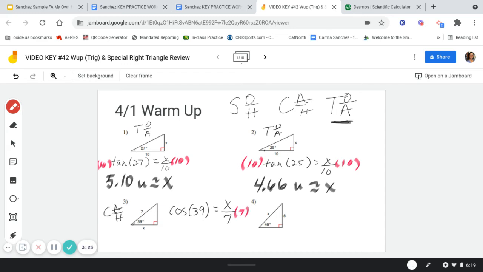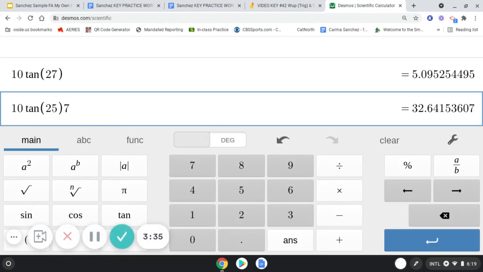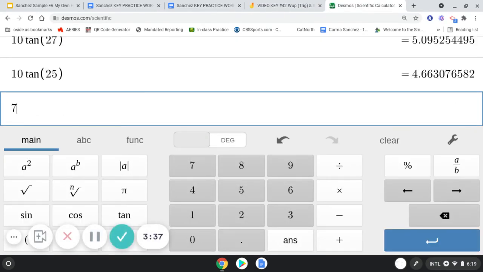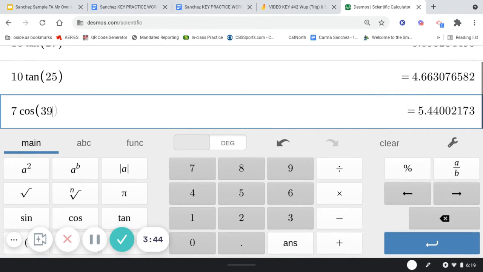Multiplying both sides by that denominator of 7 in order to solve, we're going to get that x is approximately, and we're going to type in 7 times the cosine of 39. And we get 5.44.